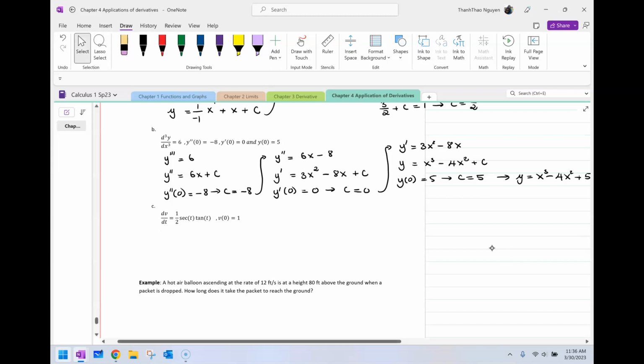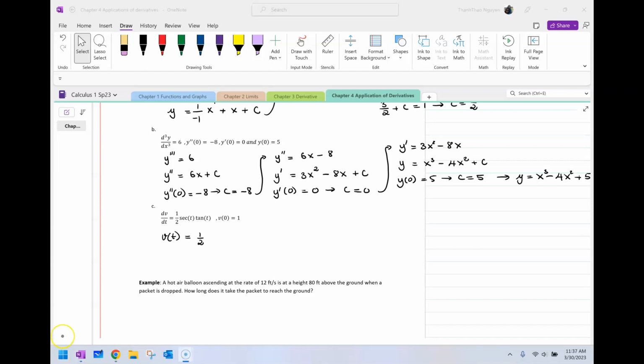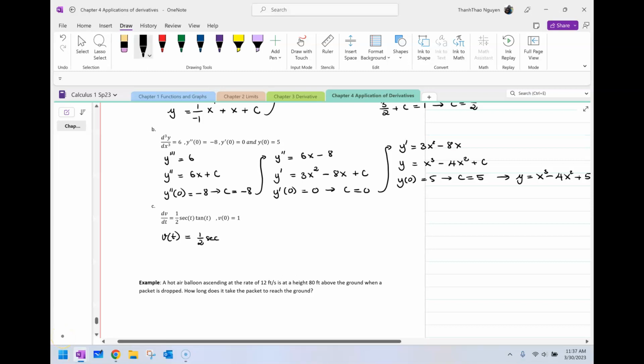This meant that the derivative of the velocity, v of t, is equal to 1/2 times secant of t plus c. We were told that v of 0 equals 1.